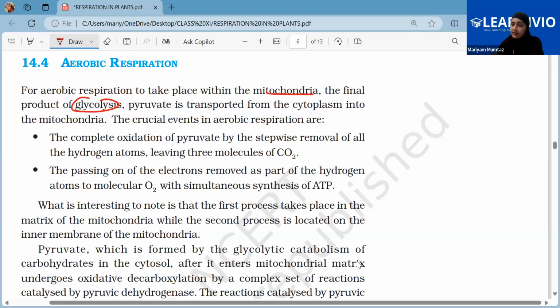From the cytoplasm, the pyruvic acid gets transported into the mitochondria, because the site of aerobic respiration is mitochondria. Clear? The first thing that will happen is that the pyruvic acid will get transported from the cytoplasm into the mitochondria. Up until now, do you have any doubts?